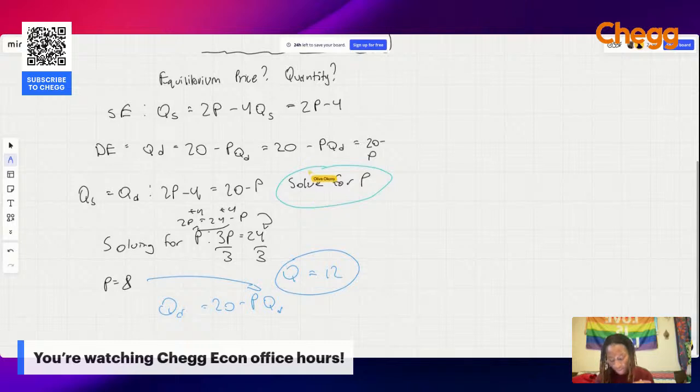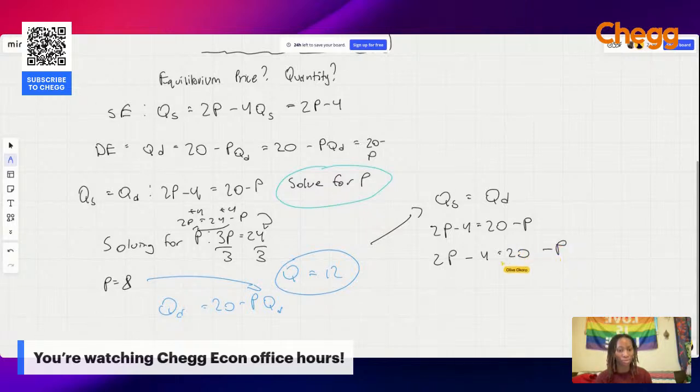Okay. So next we're going to solve for the quantity demanded and quantity supplied. We're going to put this over here and say that quantity supplied equals quantity demanded. And that's going to be 2P minus 4 equals 20 minus P. We're going to substitute those formulas that we already put in, right?